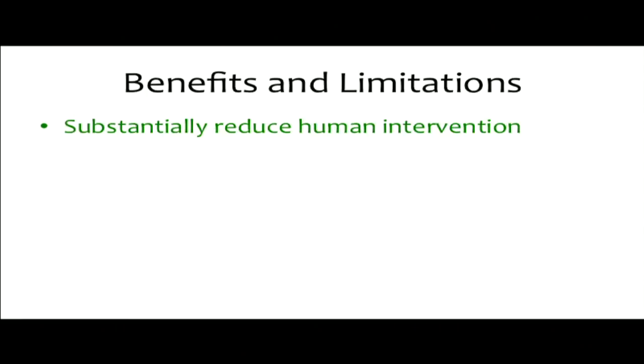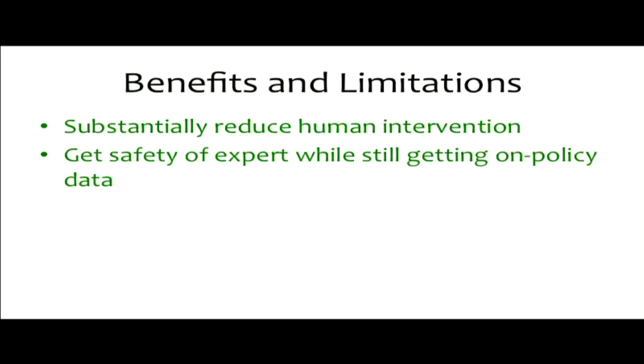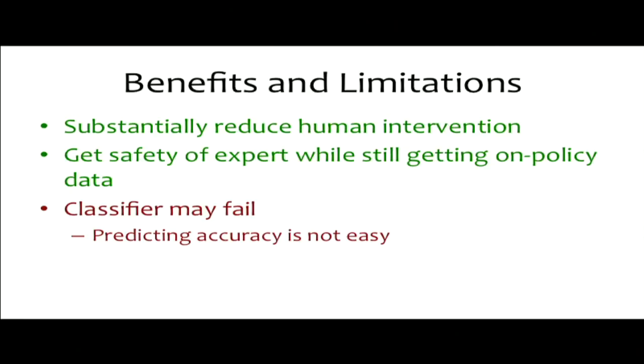Okay, so to conclude with these two methods, the benefits are that you can substantially reduce human intervention and the labeling effort required by humans. You can also get the safety of the expert while still getting on-policy data, which is beneficial for learning a better policy. The limitations are that your classifier might fail.